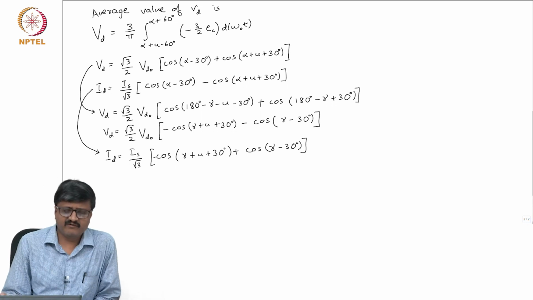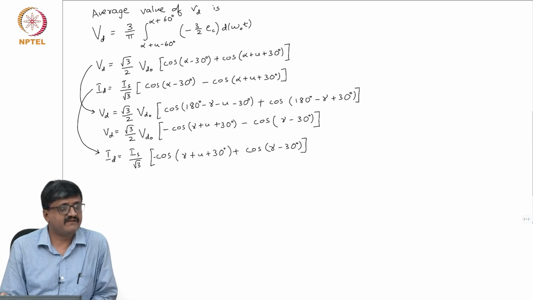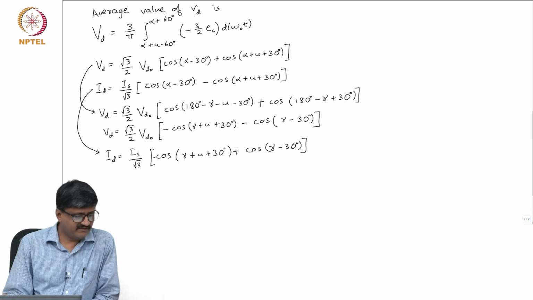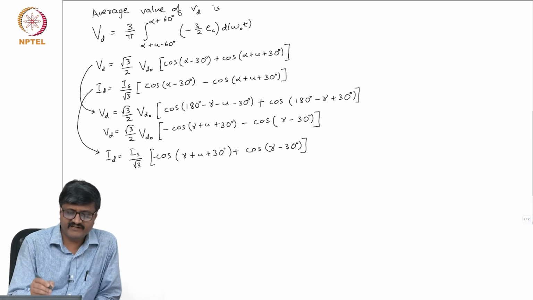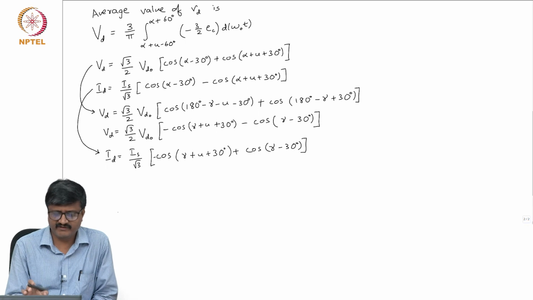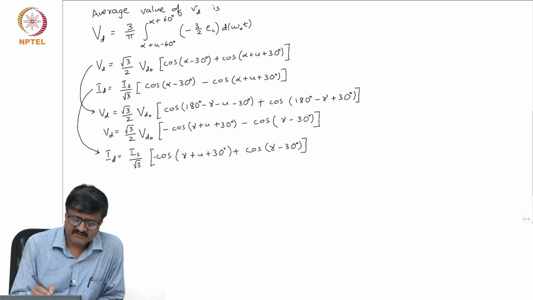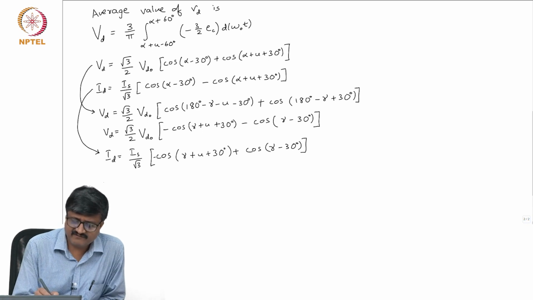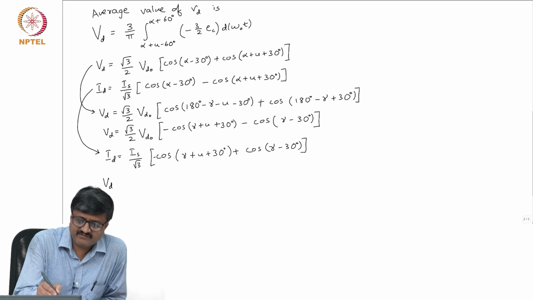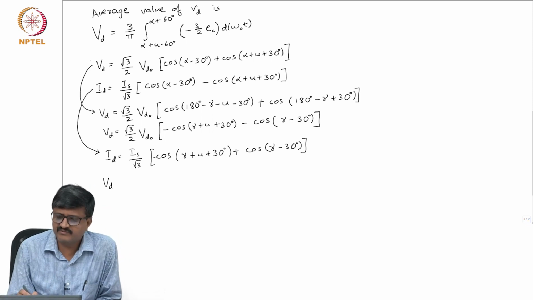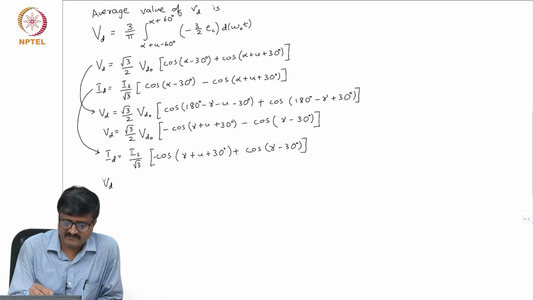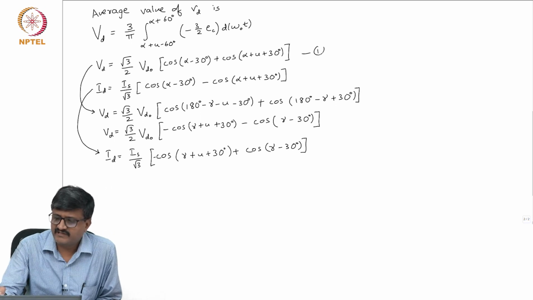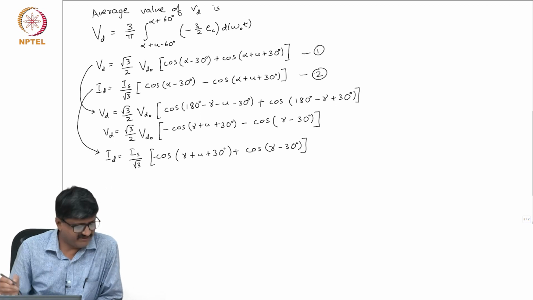Now, if you recall, we related this Vd and Id through Rc. We defined a commutation resistance Rc. So, we can actually try to relate Vd and Id in this case also. See, the case of 3 and 4 valve conduction mode is an abnormal operation. Suppose I take this expression for Vd as equation 1, this as equation 2.